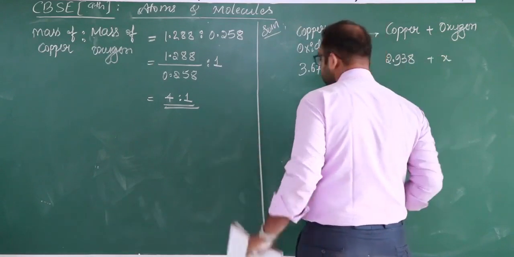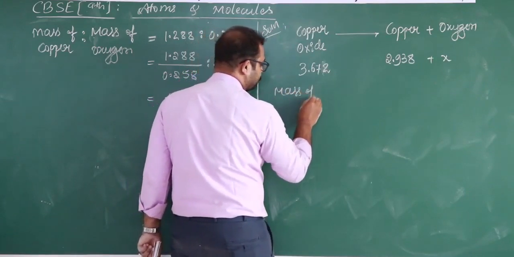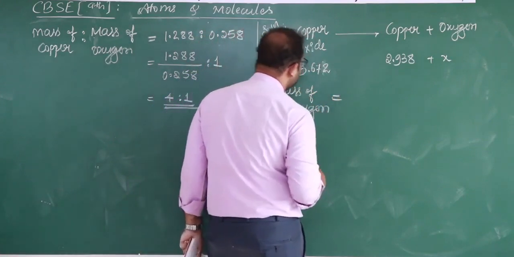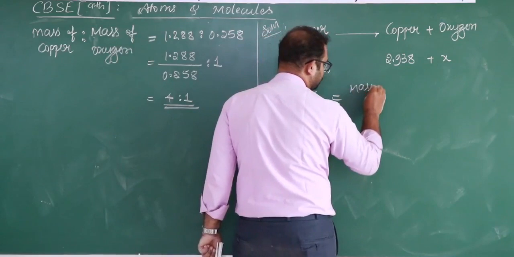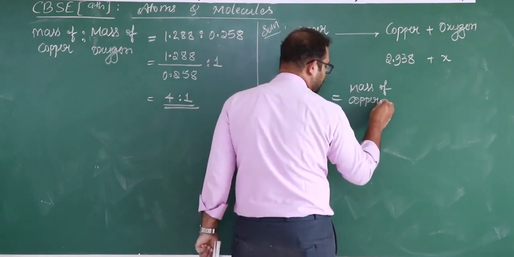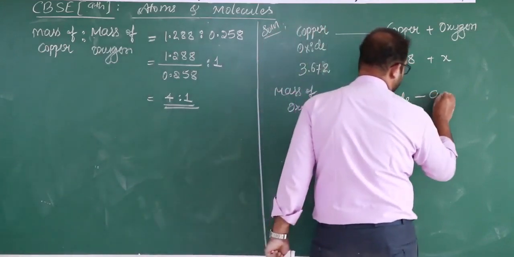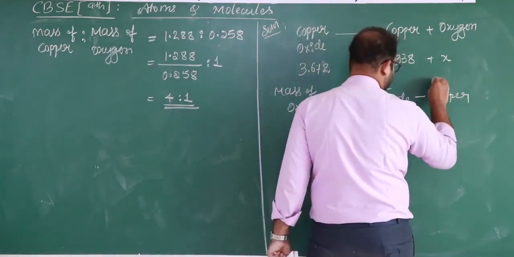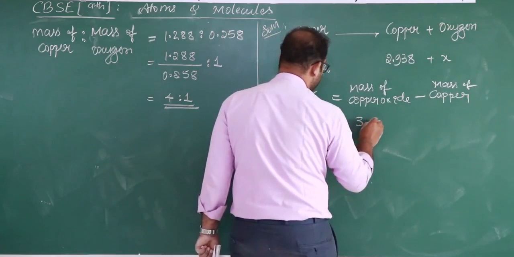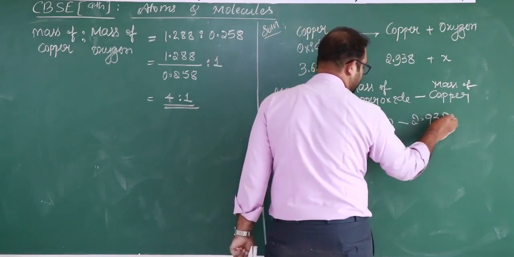Again we don't know the mass of oxygen. So let's find the mass of oxygen. Mass of oxygen is equal to the mass of copper oxide minus copper. So copper oxide is 3.672 minus 2.938.